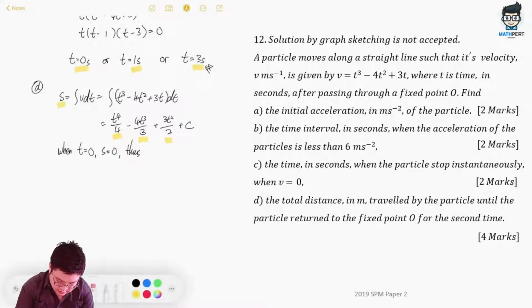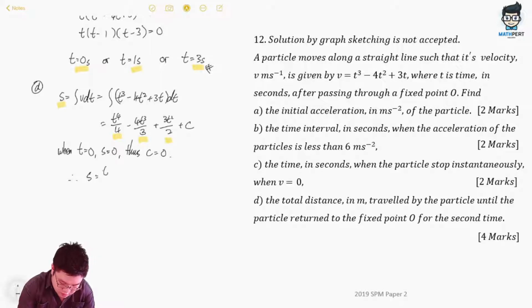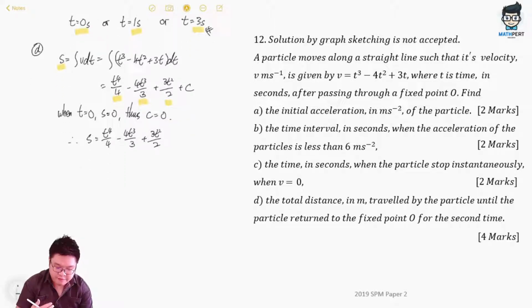That means c is equal to 0. Therefore, my displacement equation will be s equals t to the power 4 over 4 minus 4t cubed over 3 plus 3t squared over 2.